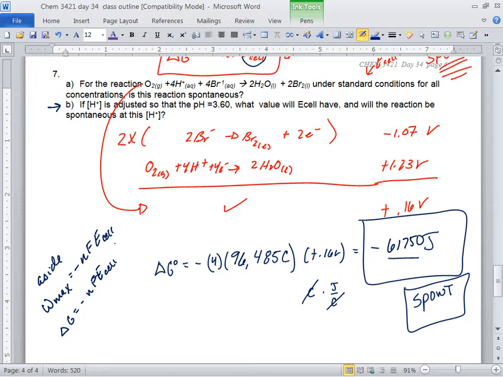So one would be more joules than the other. That little n has to take that into account and has to change. E cell doesn't, because that's what you read off the voltmeter. F is just 96,485. So that little n is the moles of electrons to do that work, and that's going to be changing on you.